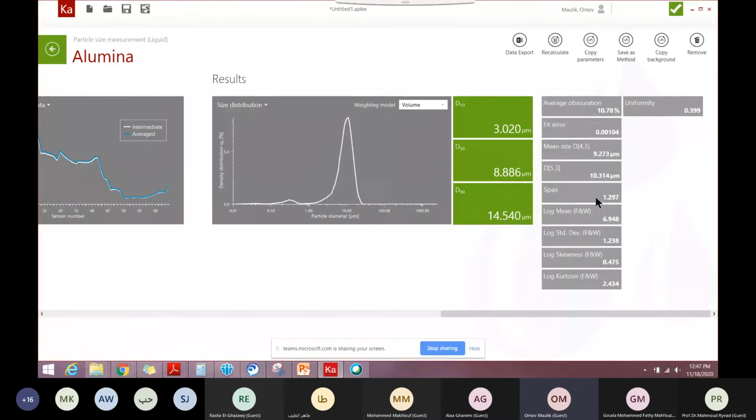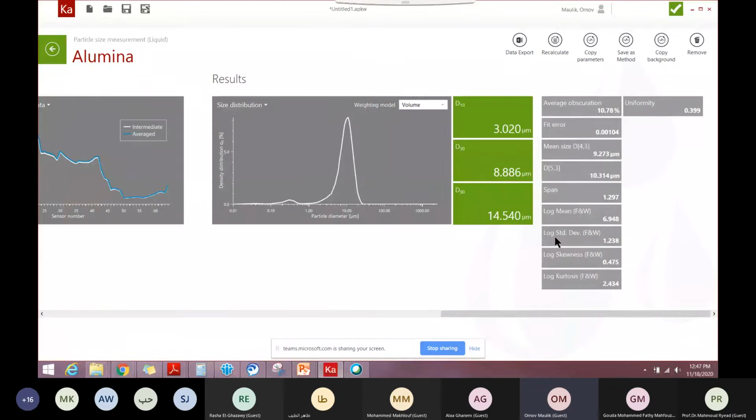Then you can get some idea about the different modes or how broad the particle size peak is from this span. Now this span can be defined as D90 minus D10 divided by D50. For example, as I have told you for bitumen emulsions, this span is a very important factor, because ultimately this span will tell you how homogeneous your emulsions are.